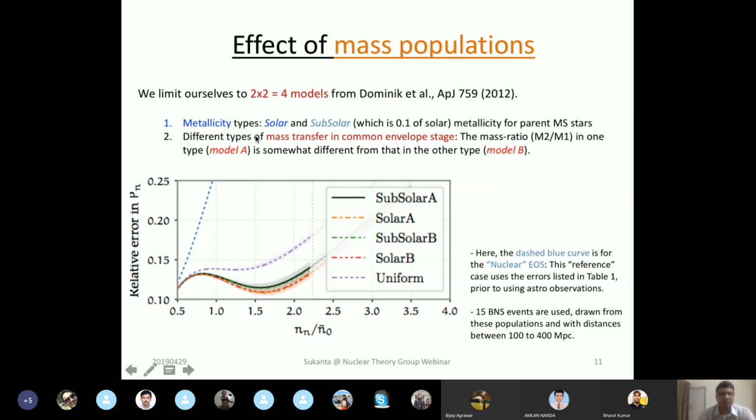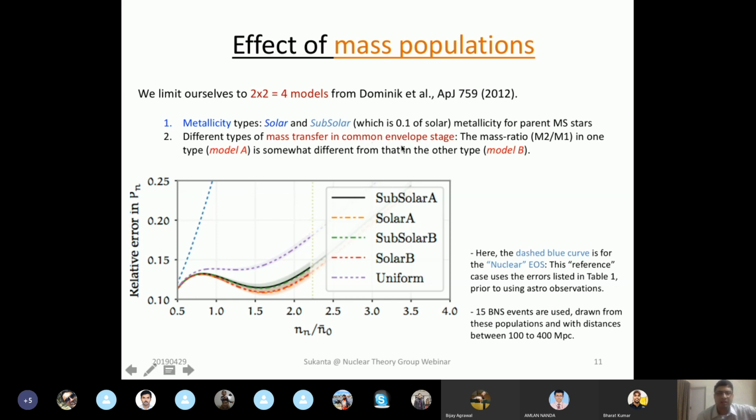Another factor that we vary, adopting from Dominik et al., is how much mass is transferred in what is known as the common envelope stage, where one of the stars grows to a red giant phase, thereby enveloping its compact companion. There can be some mass transfer, thereby redistributing the masses of what eventually will be a double neutron star system.